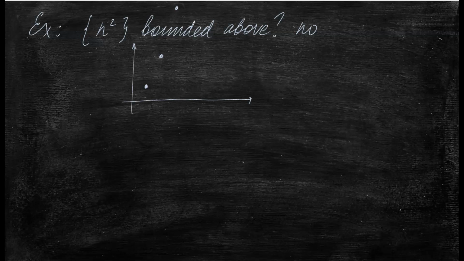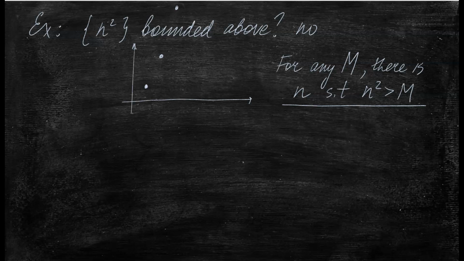So for any number m that you can think of, there is n such that n squared is greater than m. So this is the reason why there is no upper bound.